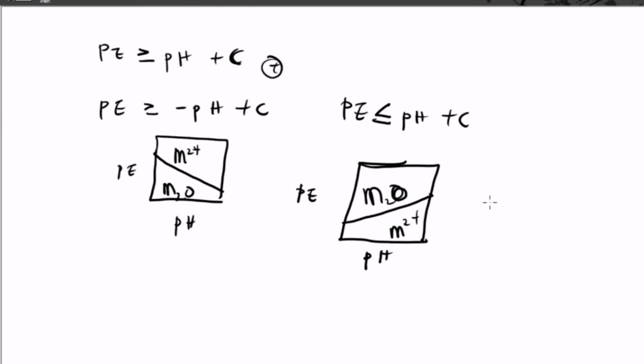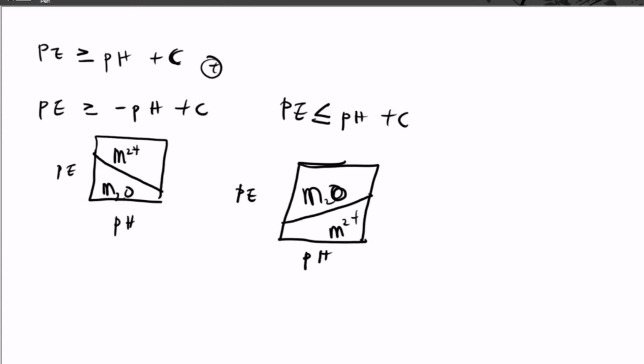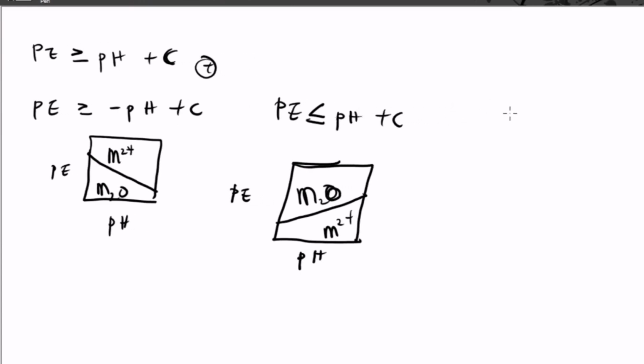Let's look at another one. What if we had our answer to be PE is less than or equal to negative pH plus C? In that case, drawing your stability diagram, we're going to have this one to be like this.